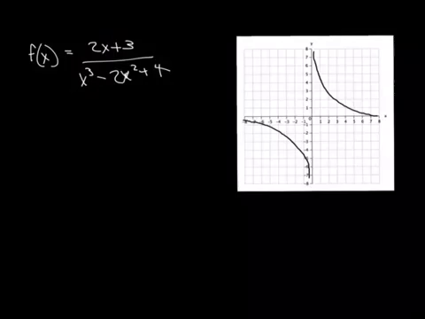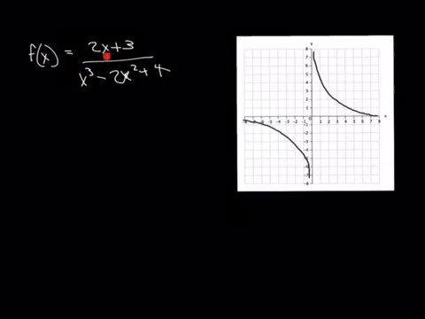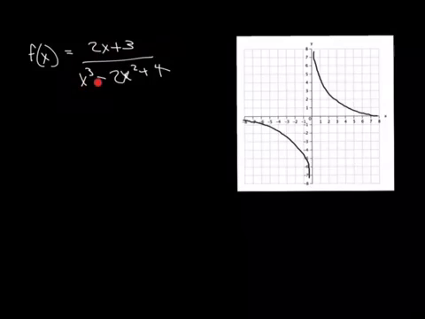And that will pretty much be the case for any number that I put in here. If I put a 1 in here, 1 minus 2 is negative 1, plus 4 is 3. So I get 5 over 3.